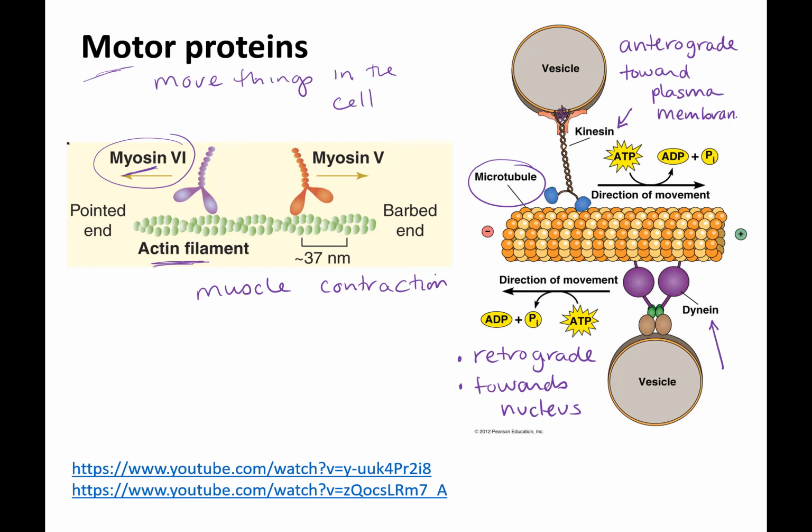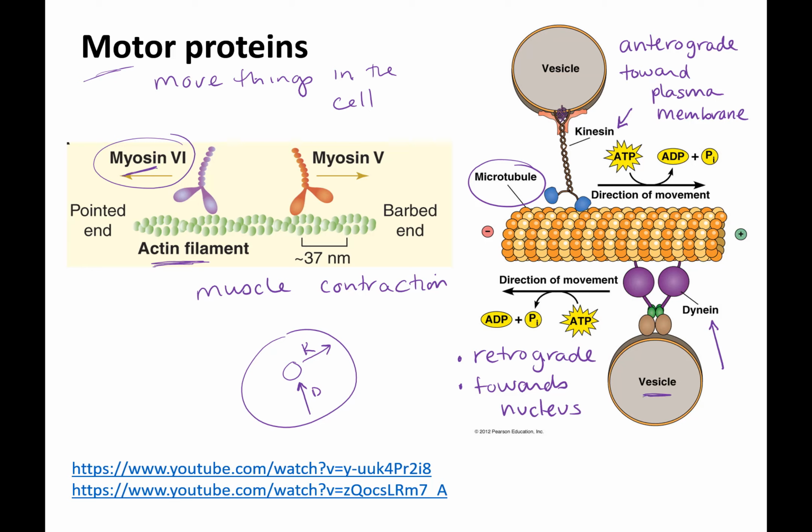So they're moving in opposite directions. Right? So if you have a cell, you can have kinesin moving things toward the plasma membrane with a K, and you can have dynein moving things towards the nucleus. And the things that they're moving are they're transporting.